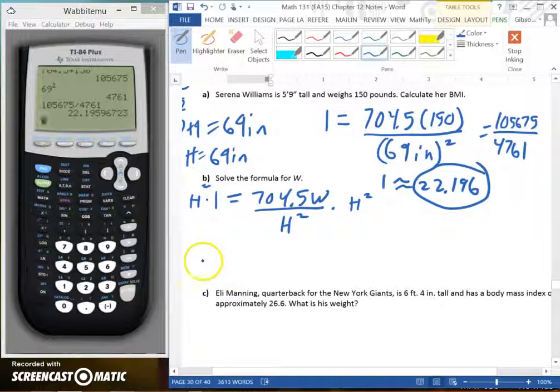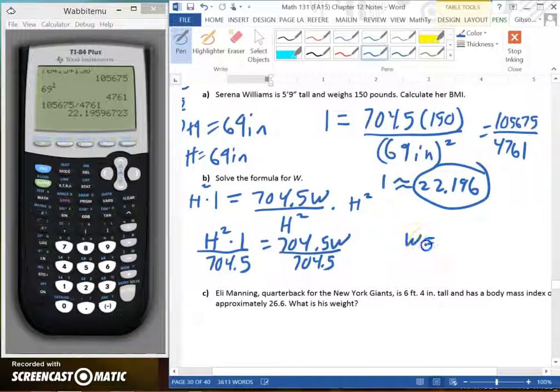We have H squared times I is equal to 704.5 W. Now we divide each side by 704.5, and our final answer is W is equal to H squared times I all over 704.5.